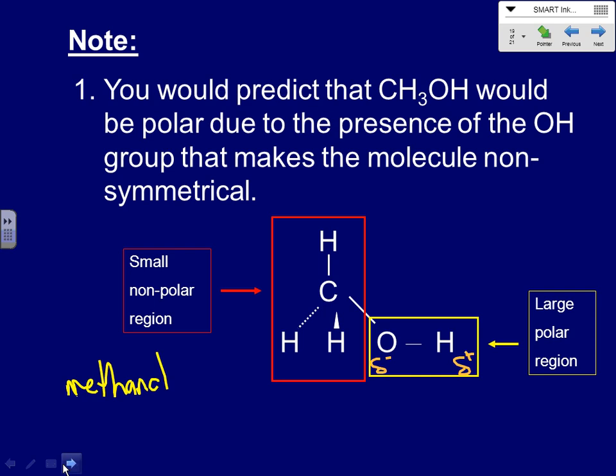One single C compared to an OH, this dipole is so strong that the non-polarity of this isn't going to have a chance to outbattle that. This stuff is going to be soluble in water. It's also combustible, but it will be soluble in water.